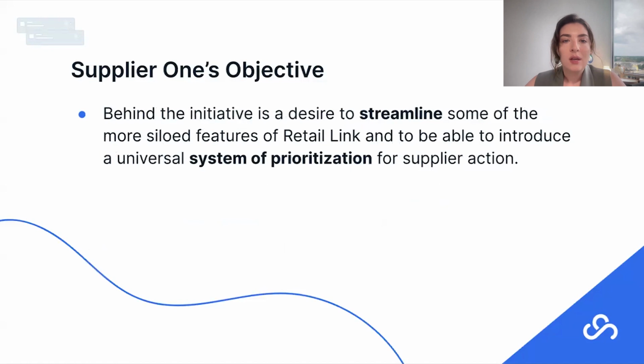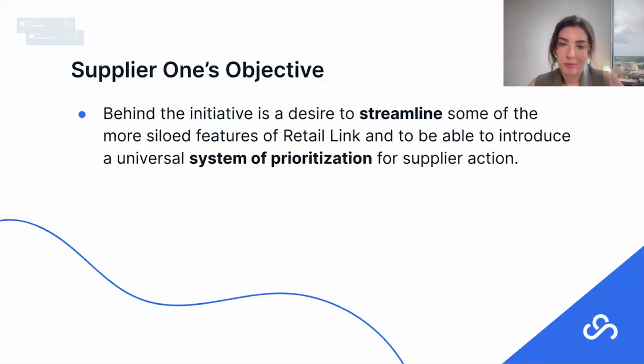So Supplier One's objective is to streamline some of those siloed features for Retail Link and be able to introduce the universal system for prioritization of supplier action. So that's a lot of jargony terms, but this is kind of what was pulled from the language.